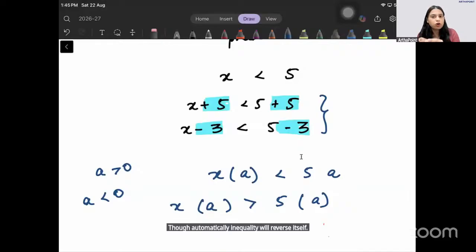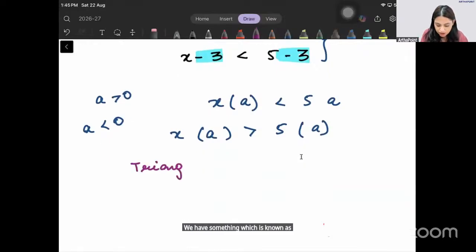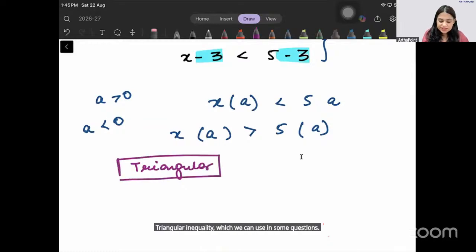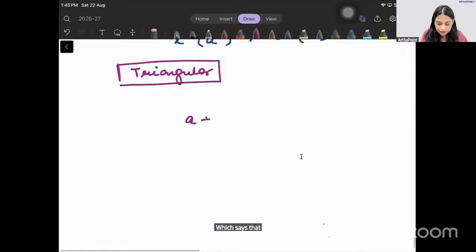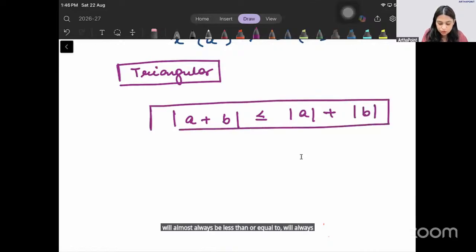If you multiply with a positive sign, inequality will remain same. It will be preserved. We have something which is known as triangular inequality, which we can use in some questions, which says that a plus b in absolute value will almost always be less than or equal to, a plus b in absolute value separately.